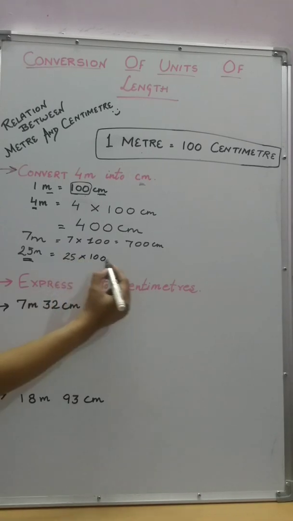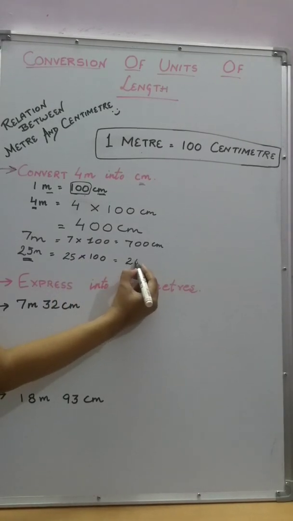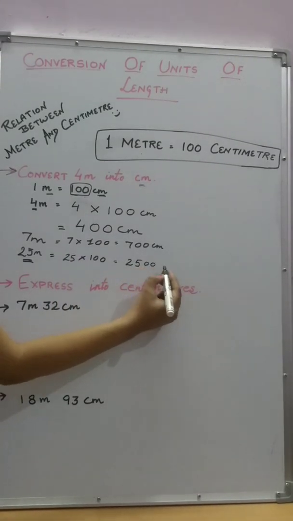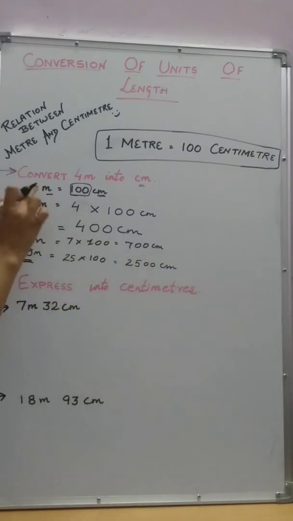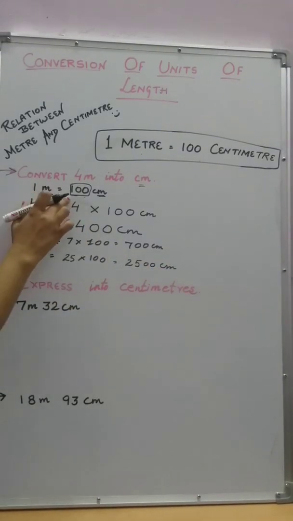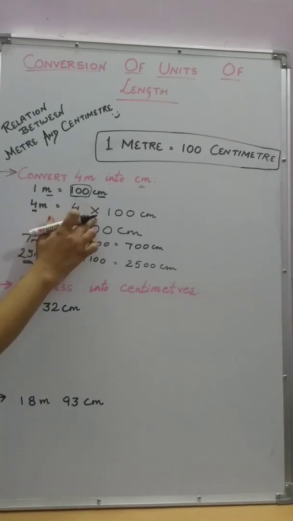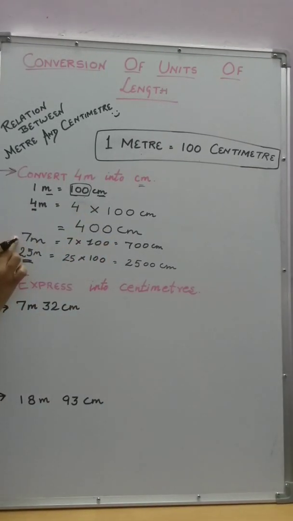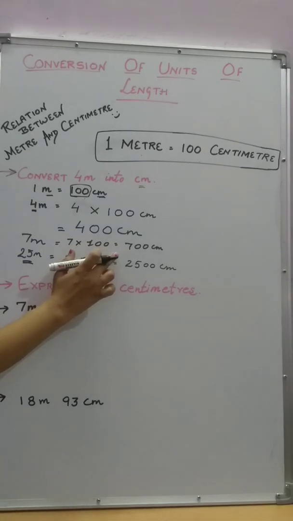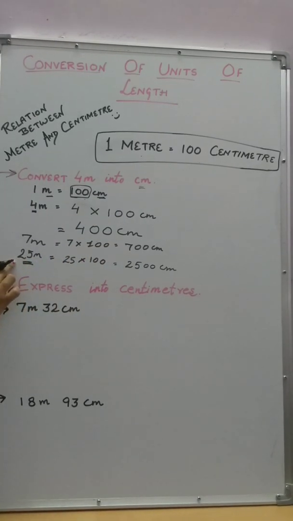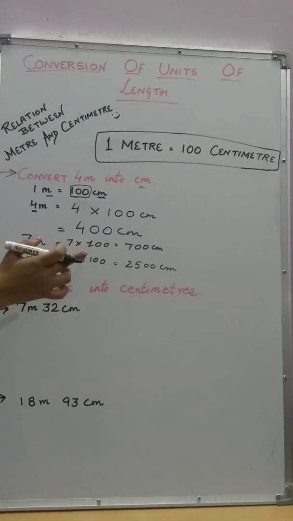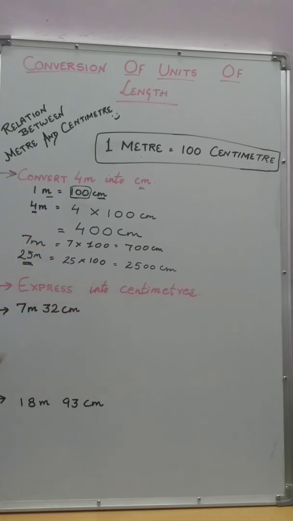So this will change into 2500 centimeter. 1 meter equals 100 centimeter. 4 meter equals 400 centimeter. 7 meter, 700 centimeter. 25 meter, 2500 centimeter. This way we have to solve.